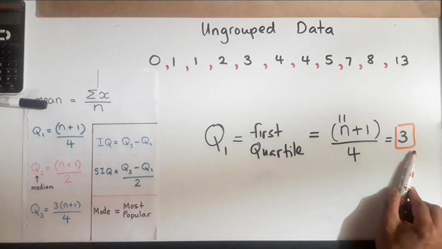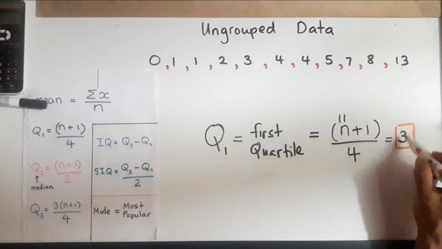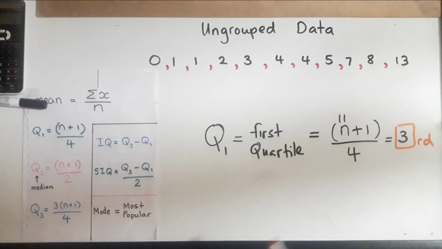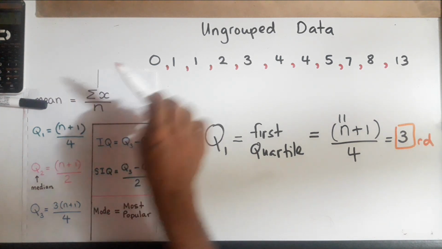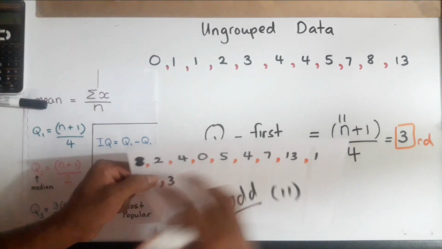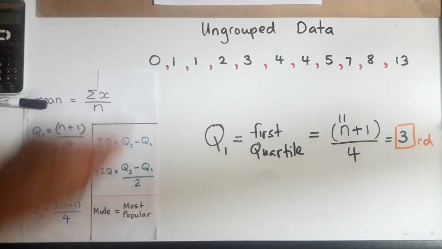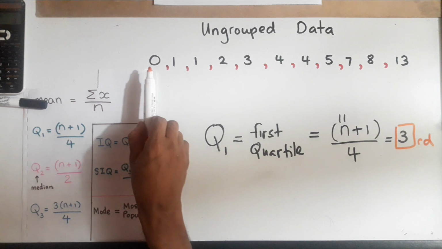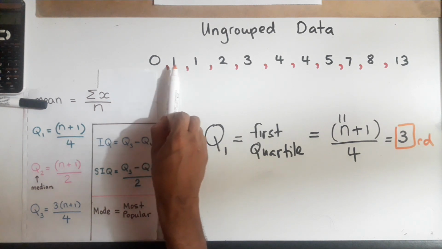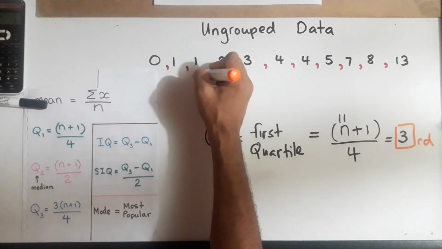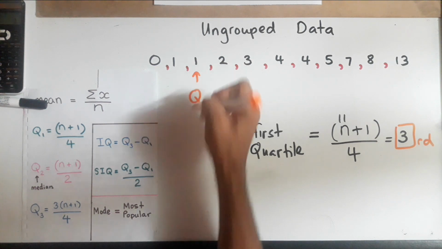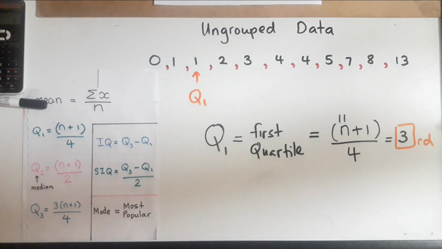What they are trying to say here is the third number is the answer. So we start counting. Remember, we had arranged the numbers from smallest to largest. So we start counting until we reach the third number. 1, 2, and 3. So this is the actual answer for Q1, or your first quartile. As simple as that. All right.